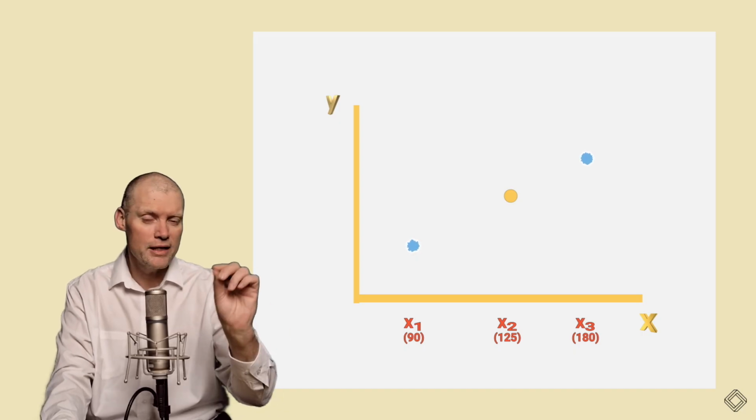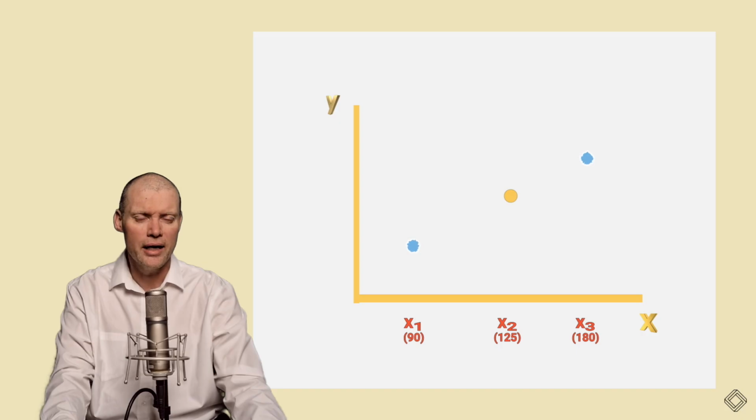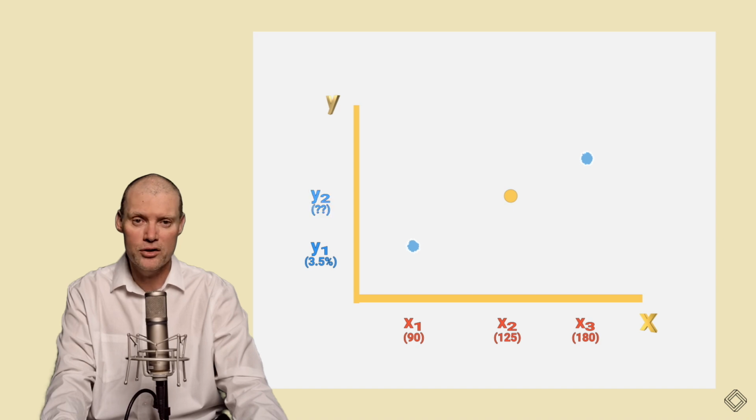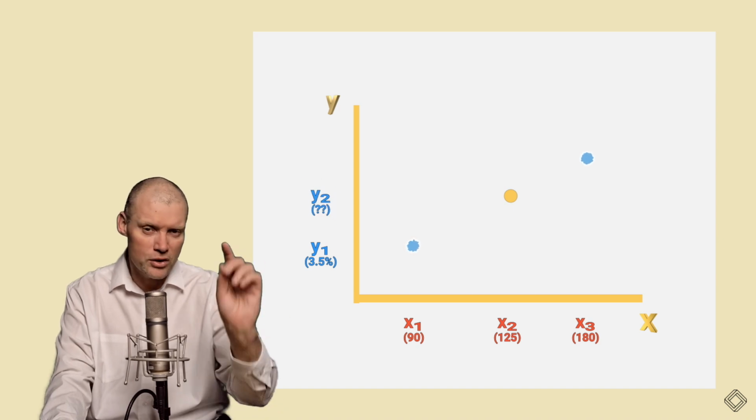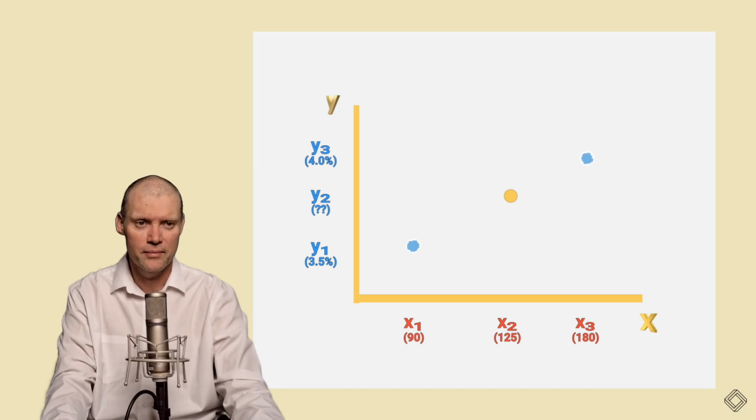Associated with each of those X1, X2, X3 values are Y values. So X1 is associated with Y1, which is 3.5%. X2 is associated with Y2. We don't know what the value is. That's what we're solving for. X3 is associated with Y3, which is 4%.